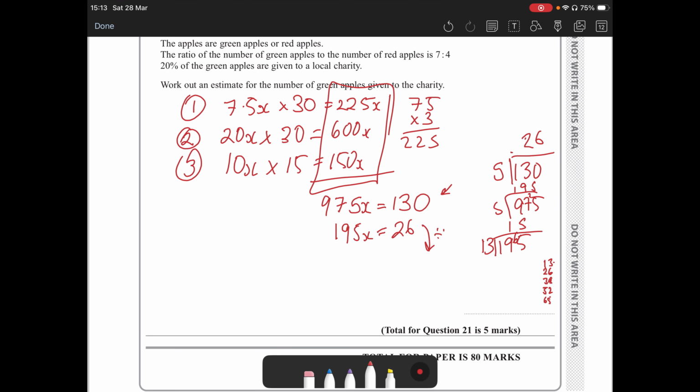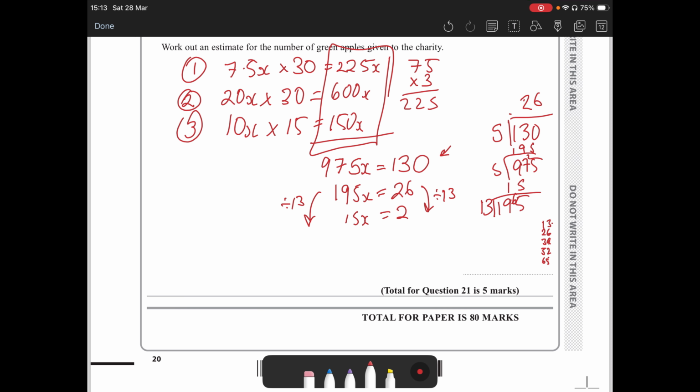I didn't make any mistakes, but the numbers are nasty. It's fine. If we divide both sides here by 13, I get 2, and then this side I get 15x. So at this point you could say one little box is 2/15.